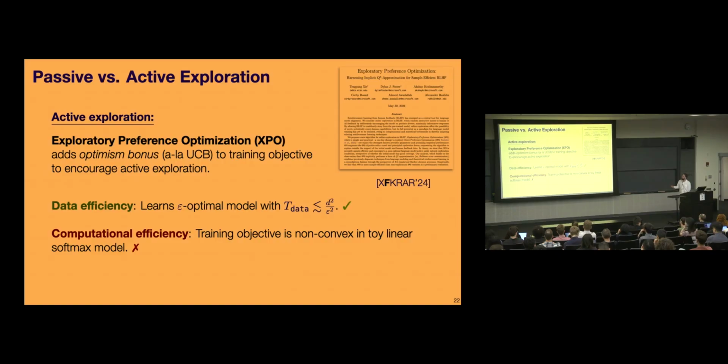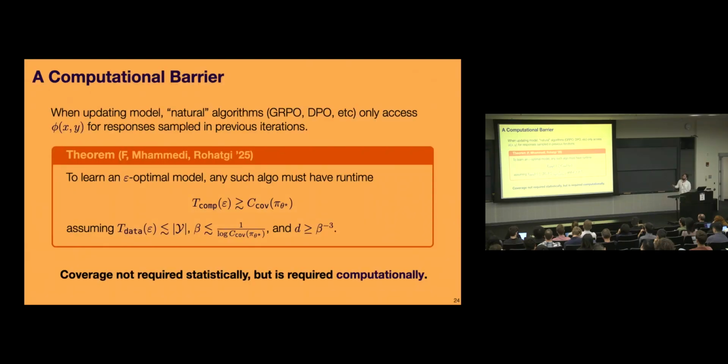Okay, so is there any hope of doing better, like getting both the good data efficiency and computational efficiency? It turns out that unless we make more modeling assumptions, the answer is no. So this is a computational lower bound, and what it says is, in this linear softmax framework, for a pretty general class of algorithms that just satisfy a certain kind of technical condition on how they access the features, the amount of runtime the algorithm needs does need to scale with this coverage coefficient in some kind of worst case sense.